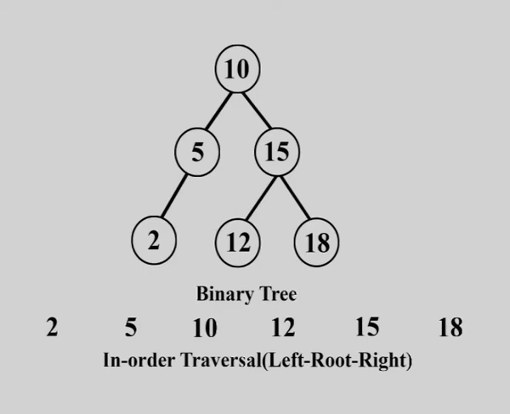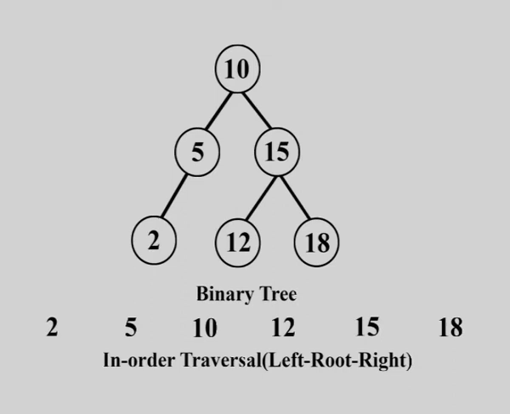After traversing 10, the right subtree, which contains the elements 15, 12, and 18, will be traversed. In this right subtree, 15 is the root which will be traversed after its left subtree is traversed. As the left subtree of 15 has only one node, this node 12 is traversed.